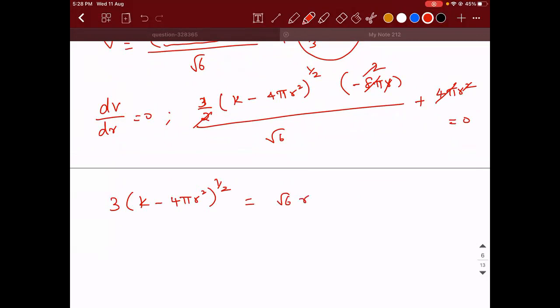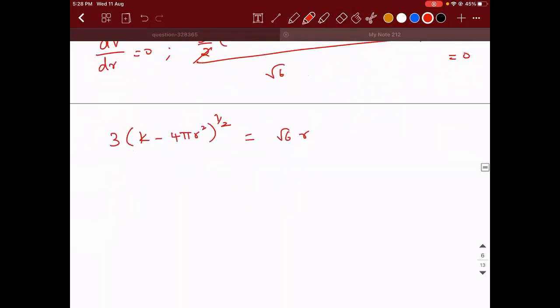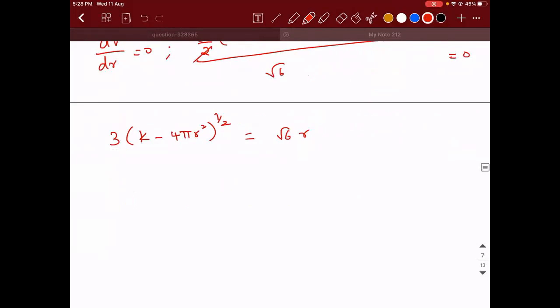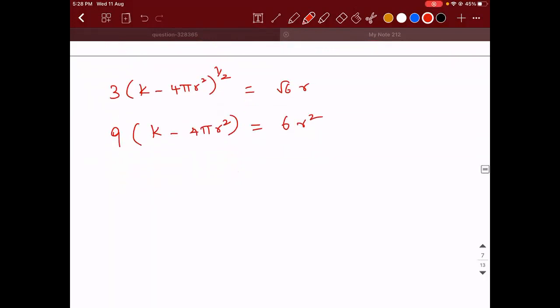I rearranged it. So what can we do? Square on both the sides. 9 into k minus 4 pi r square is equal to 6 r square. But what is k?